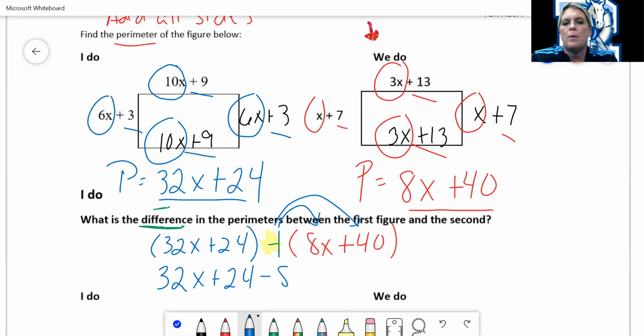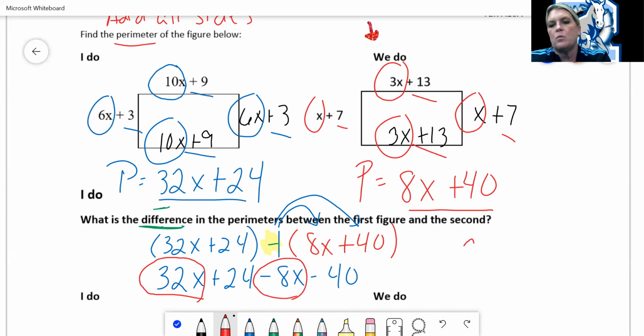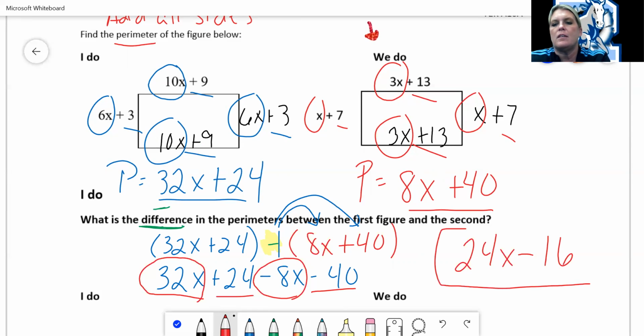So it should change to -8x and -40. Now that we have that, we need to simplify. 32x minus 8x gives me 24x. Then 24 minus 40 is -16. This is the difference in the perimeters.